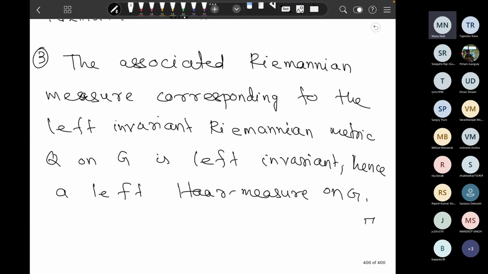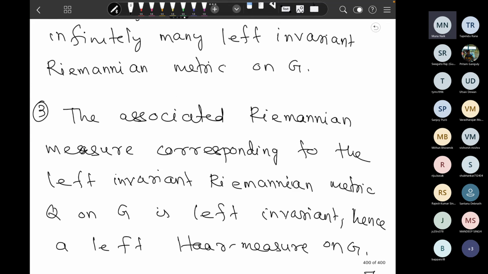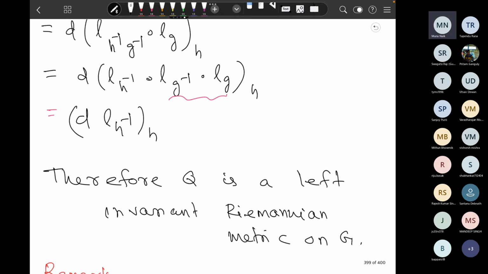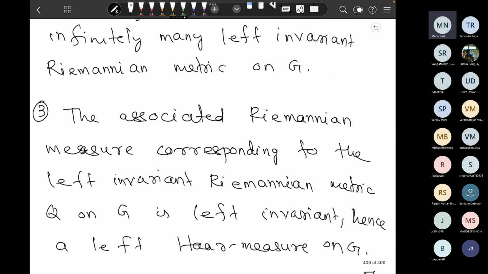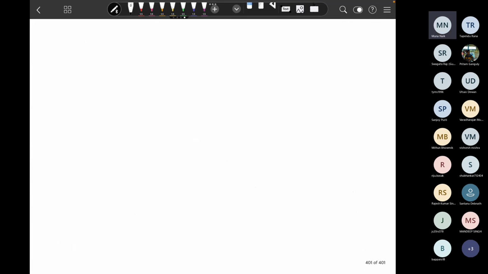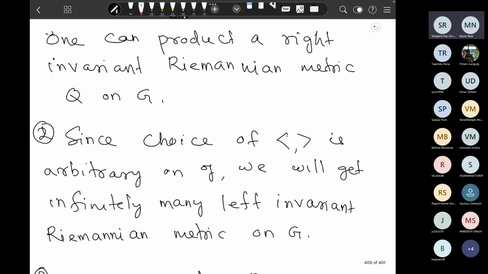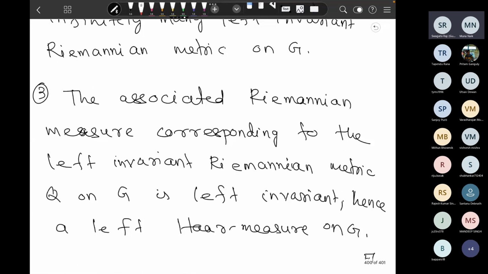Now the next question is: we want to investigate when you get a bi-invariant Riemannian metric on G. I have a question here. These left Haar measures are unique up to constants, right? Yes, sir.